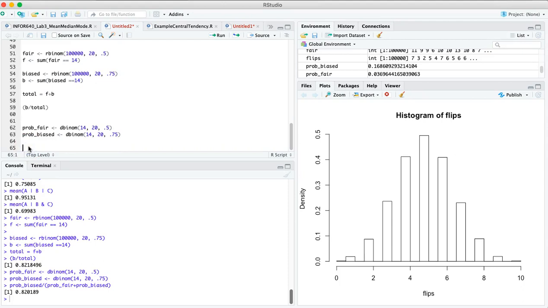And now we can go ahead and calculate the probability that this coin is biased, the actual probability as opposed to the experimental probability. So we will, the same way we did before, take the probability that the coin is biased divided by the probability that it's fair plus the probability that it's biased. And here we've used parentheses to make sure that this fair plus biased is calculated before the division here.